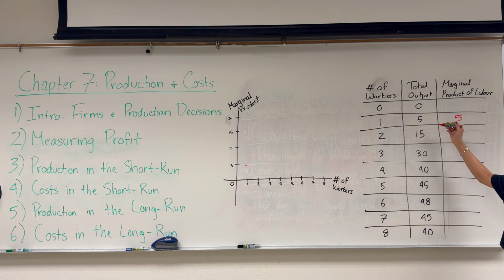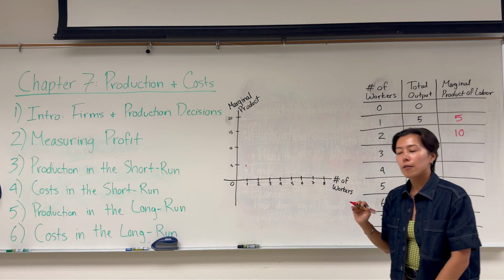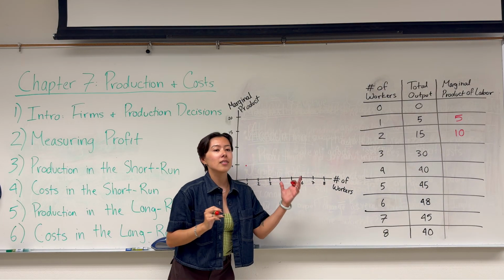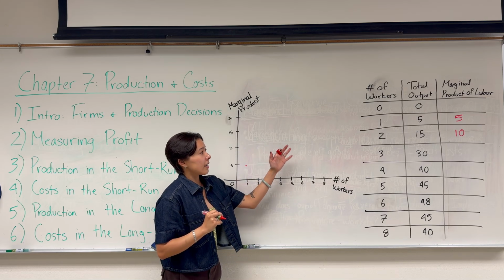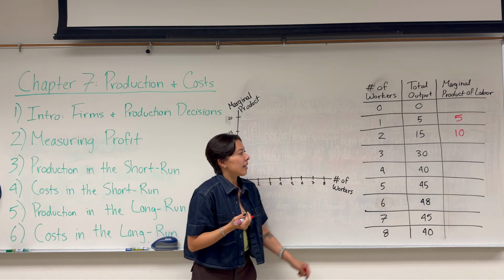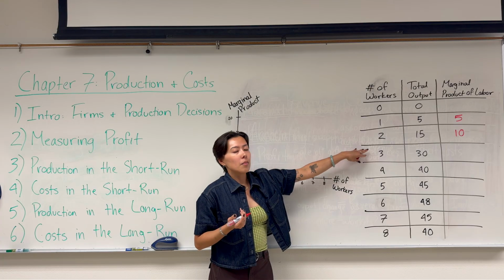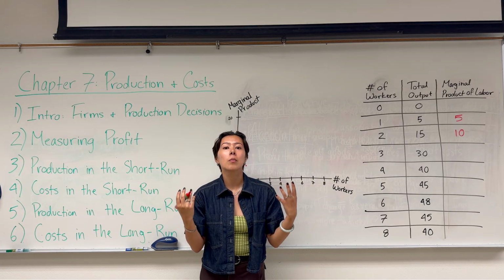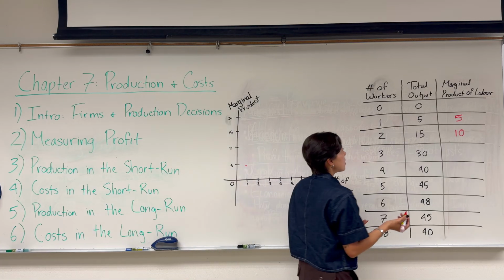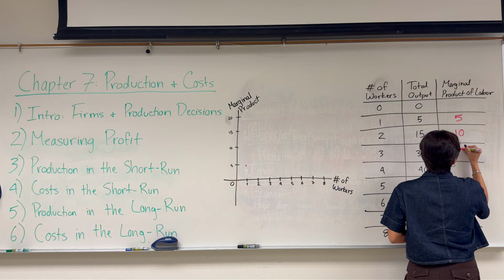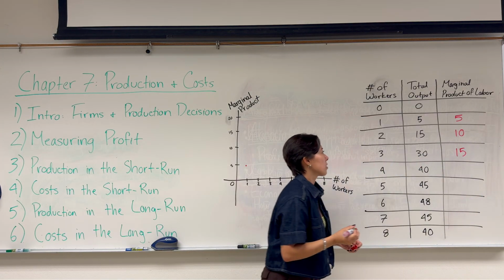So my output goes from 5 burgers to 15 burgers, so my marginal product of labor for the second worker is 10. I can keep going along in this table, and I'll see that if I hire the third worker, my output is going to increase even more. This third worker is giving me a marginal product of labor of 15 burgers.